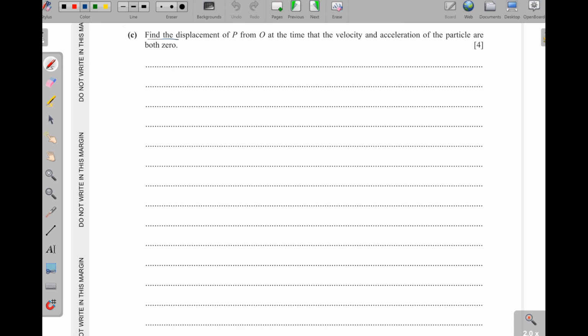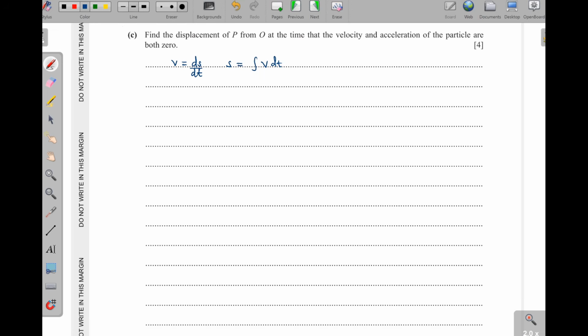Now part C, find the displacement of P from O at the time that the velocity and the acceleration of the particle are both 0. Okay? Now, we know that velocity is equal to the rate of change of displacement. Not so? That means displacement is therefore going to be the integral of velocity.